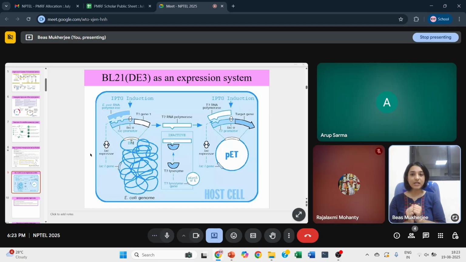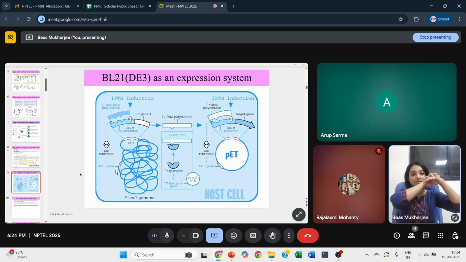Okay. So lac operon is a very simple kind of operon. So there is this lac operator and there is this lac promoter. So this lacI is the lac inhibitor gene. When this gene is active, it is producing a protein which is called the lac repressor, and this repressor is going and binding to the operator site. Now, if this is the promoter sequence, this is the operator sequence.